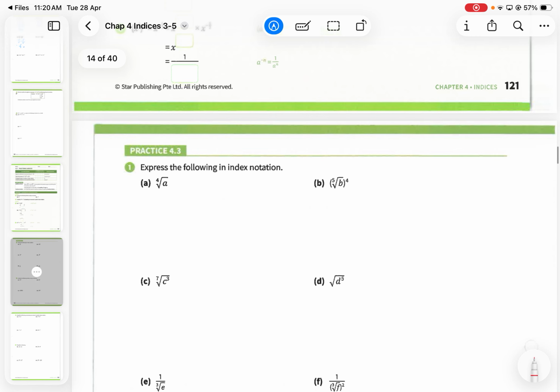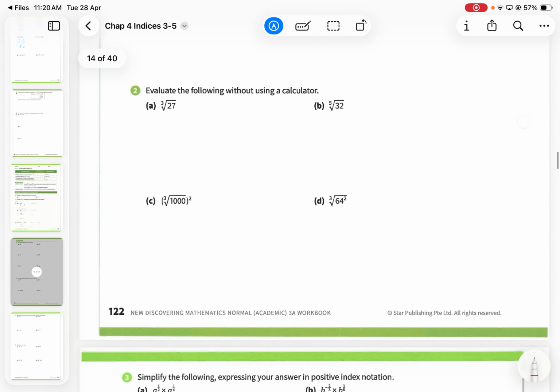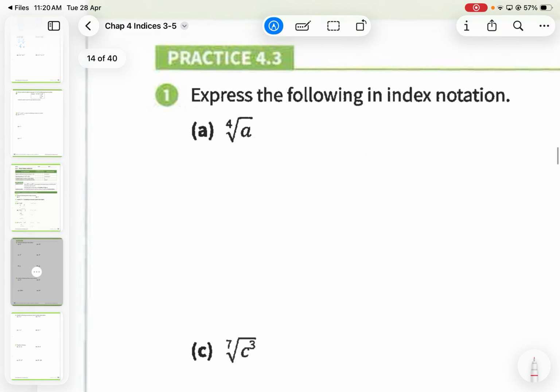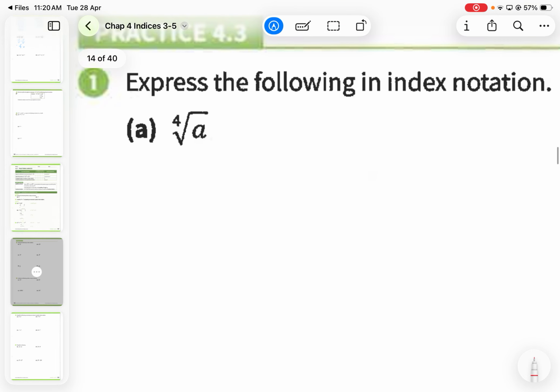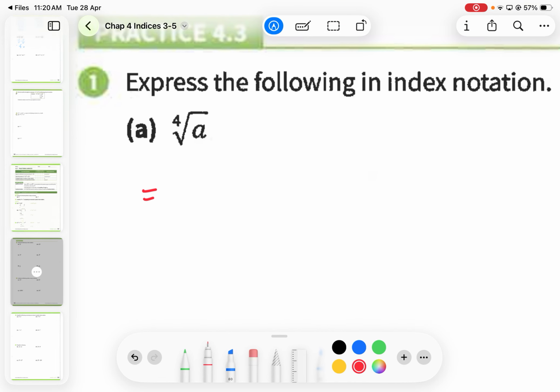4.3, page 122, question 1. Okay, the effect of the root is to divide our index. So when I'm taking the fourth root of A, express the following in index notation.